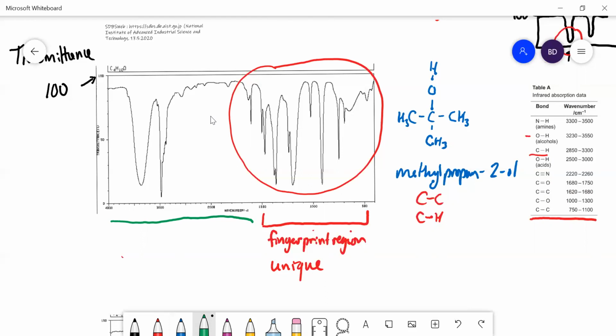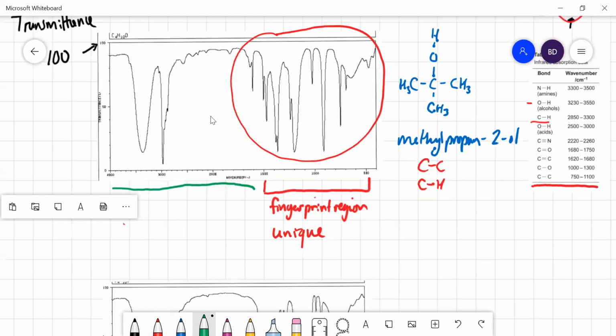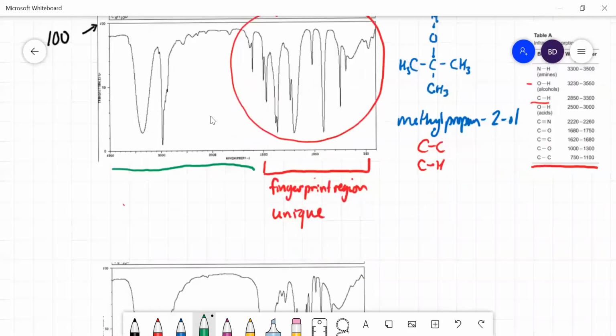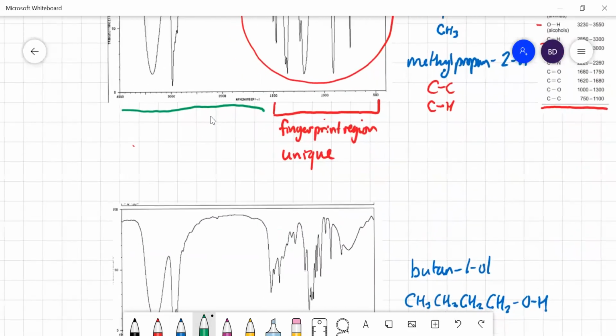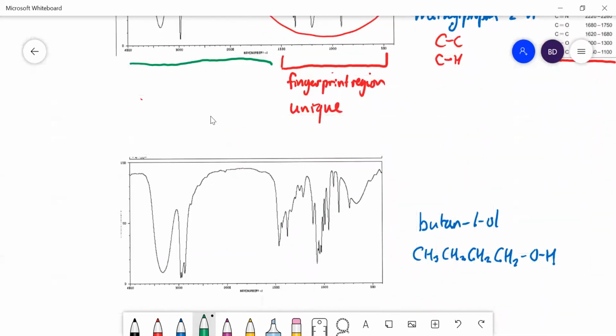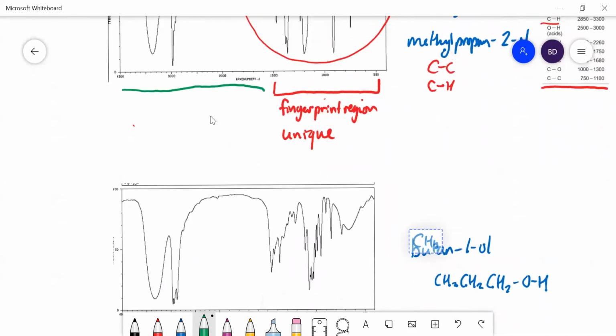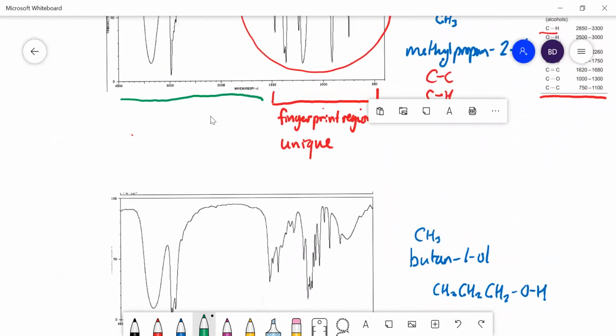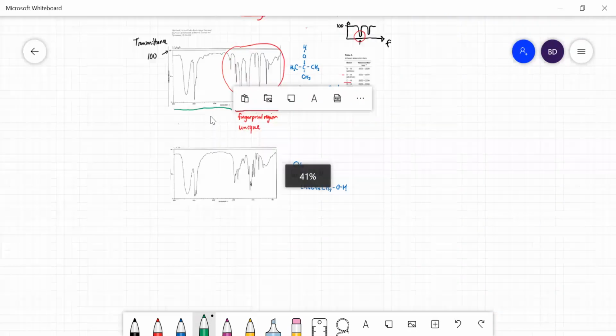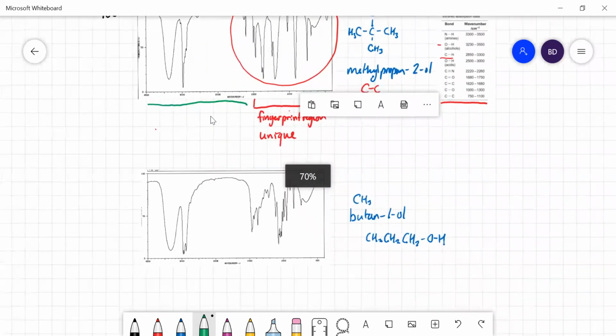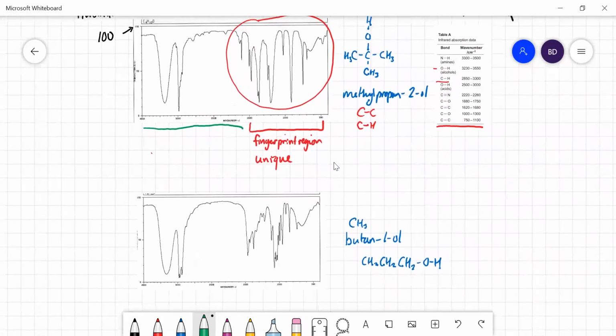Just to show you, that's methylpropan-2-ol. And before we finish this video, here is butan-1-ol. And you can see how similar those two things are. I'll try and shrink it a bit so you can see them together. Okay, look how similar those two spectra are.